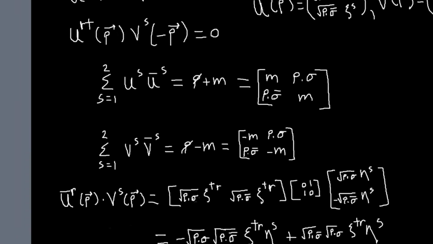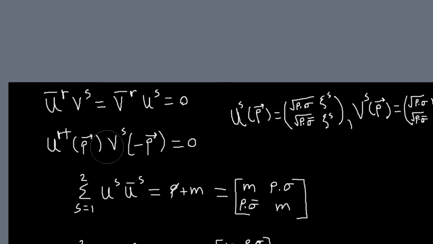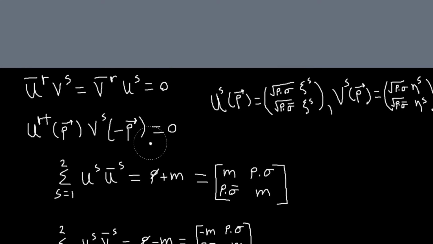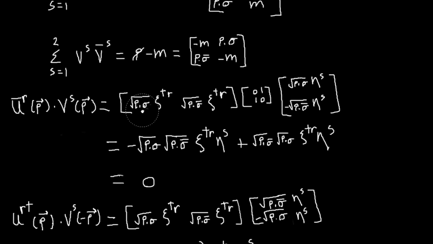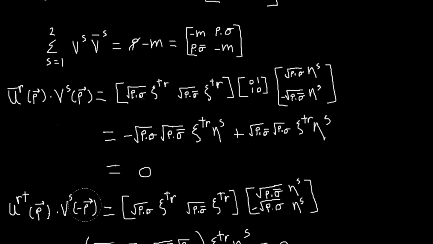Then the next one is u^r dagger(p) contracted with v^s(−p). We can do the same kind of way, or just write it out. When we do v^s(−p), it's only the spatial part of p that is flipped.